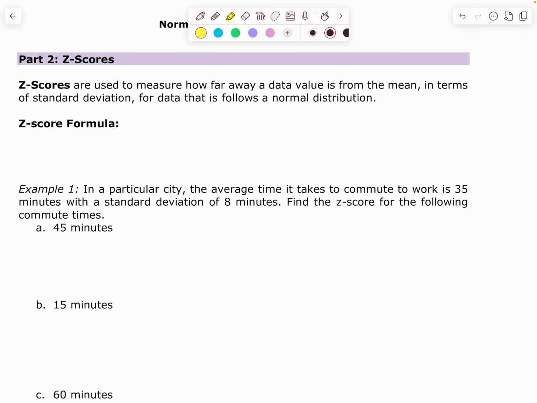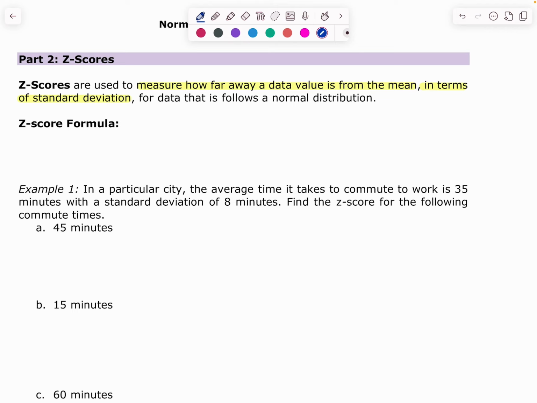Okay, so let's go through this again. It is a measure of how far away a data value is from the mean in terms of standard deviation.